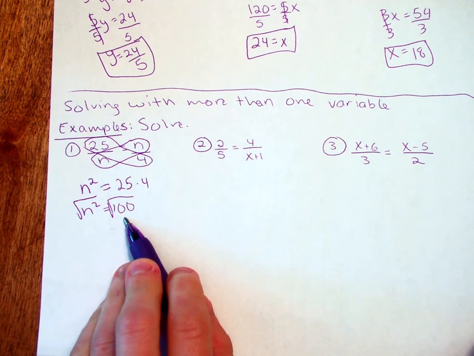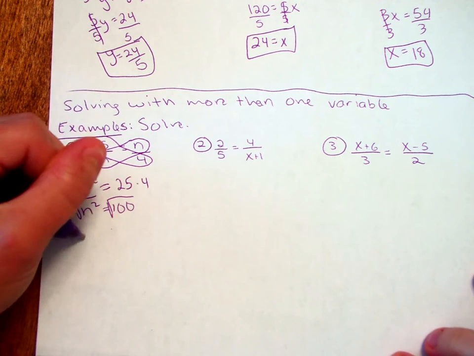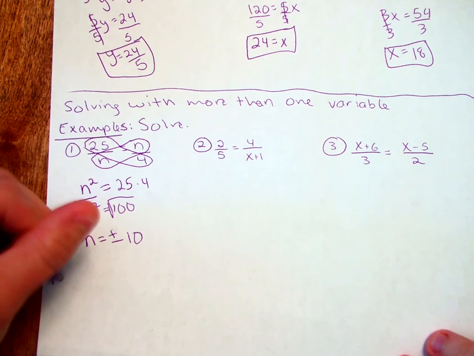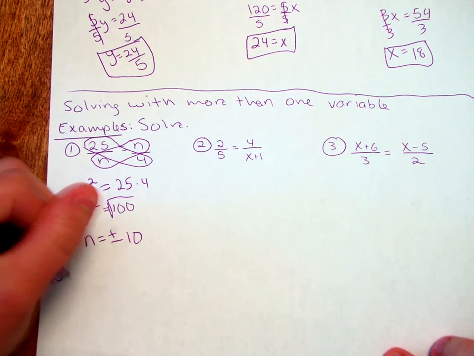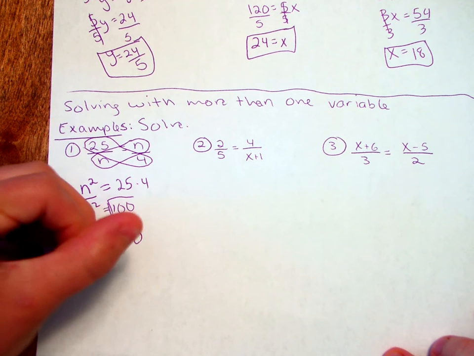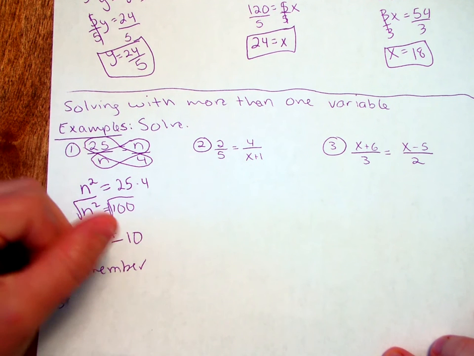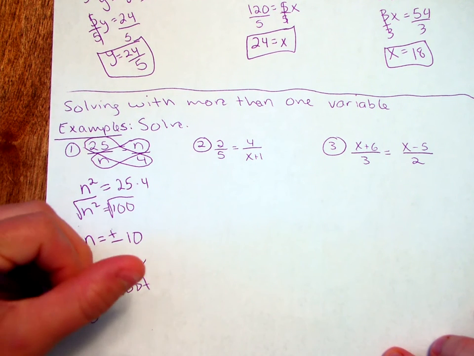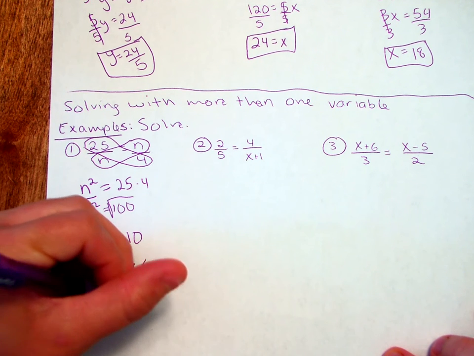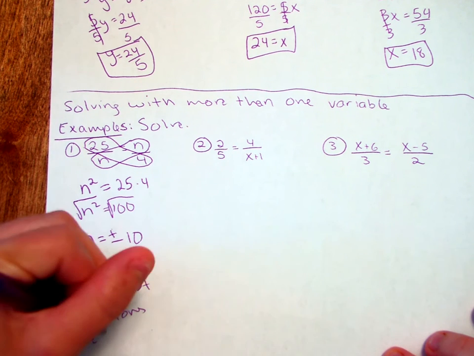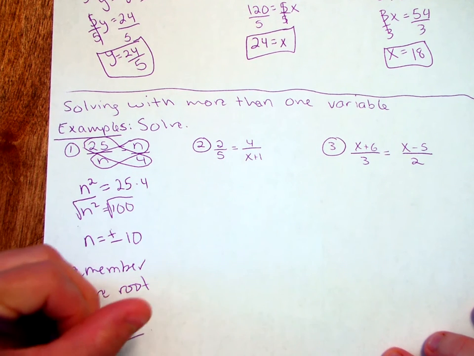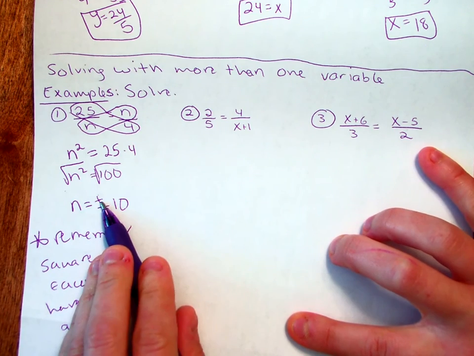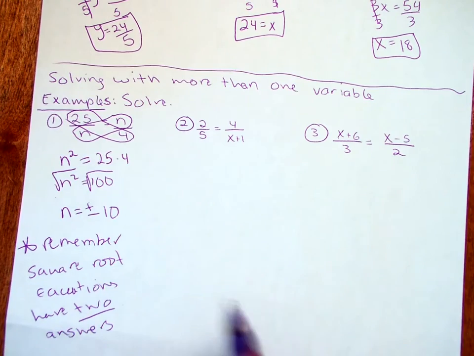You should be happy because 100 is a perfect square. So n equals plus or minus 10. I'm going to write you a little reminder down there. Remember, square root equations have two answers. Two answers. Positive 10 and negative 10.